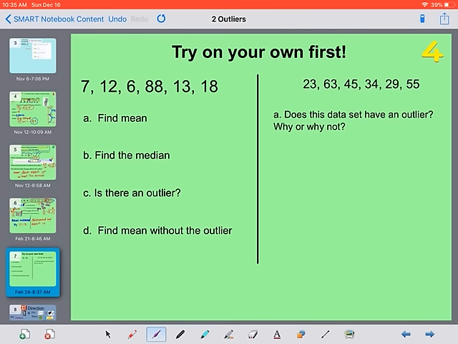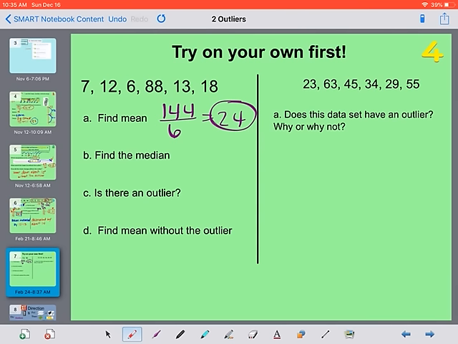First, our mean, adding them all up, 7 plus 12 plus 6 plus 88 plus 13 plus 18 is 144. And we have 1, 2, 3, 4, 5, 6 numbers. That gives us a nice 24. Then find the median.